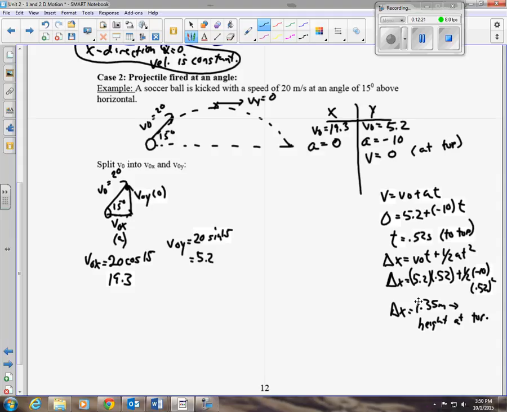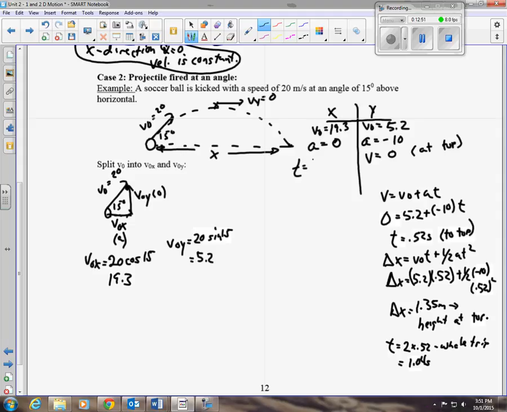Now, I want to also find this distance here. And the trick to that is that if it's 0.52 seconds to get to the top, T is going to equal 2 times 0.52 for the whole trip. Because if there's no air friction, this is symmetrical and it takes the same amount of time to go up as it does to go down. So the time is going to be 1.04 seconds for the whole trip.